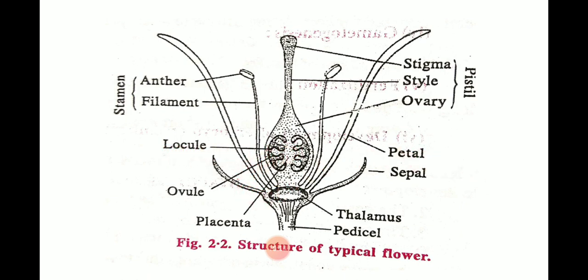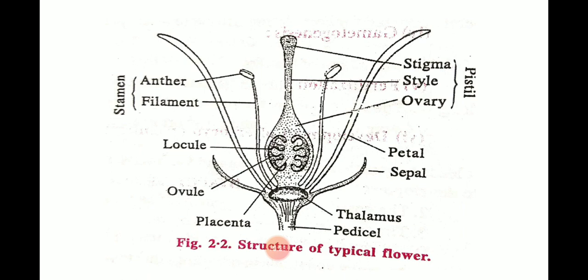Now we will be going through each of these structures and knowing about each of these whorls. Basically, the structure of a flower comprises four whorls. They are: first is calyx, second is corolla, third is androecium, and fourth is gynoecium.